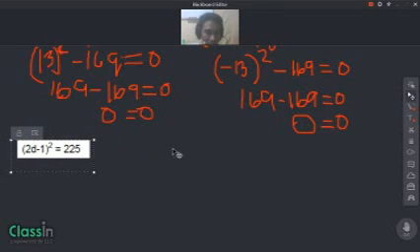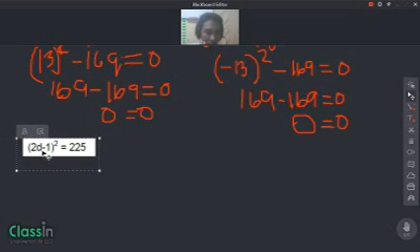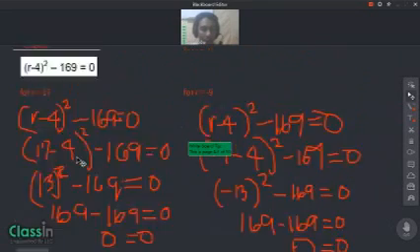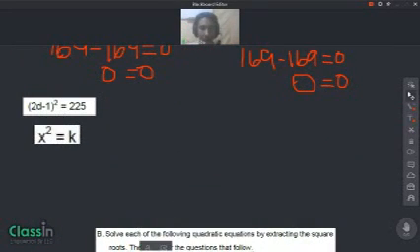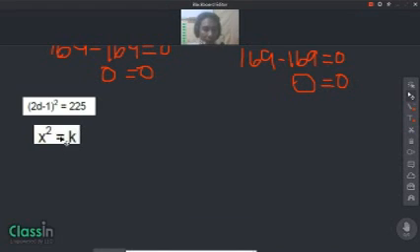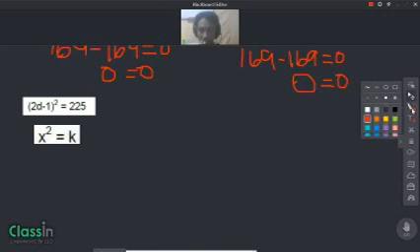So this is already in the form x squared equals k. So we will extract the square root of 225.